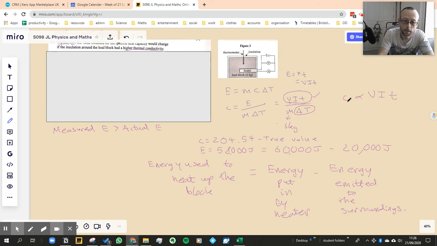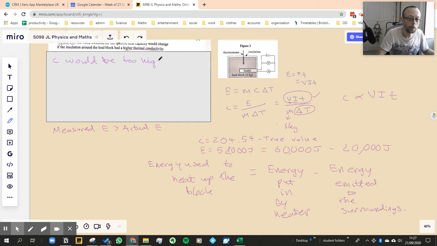This is our measured specific capacity, the one that we're going to make the mistake on. Because that's going to be too high, that's going to be our 60,000 joules, we would get a higher value of specific capacity. So the value of C would be too high.